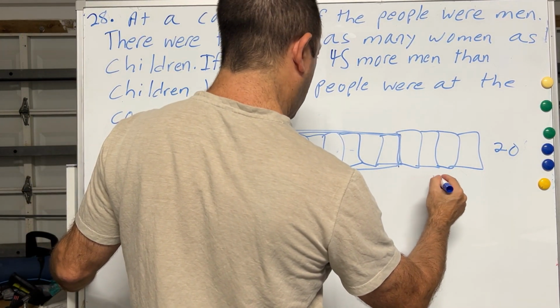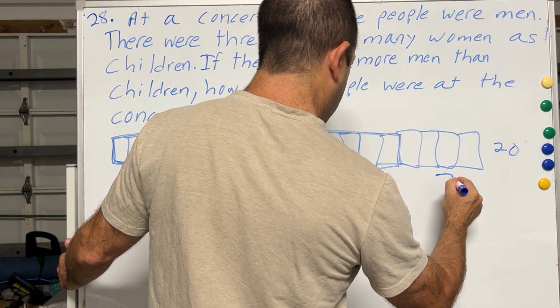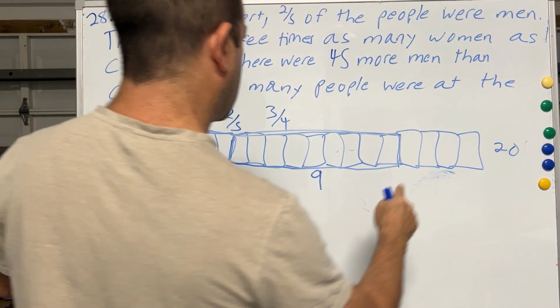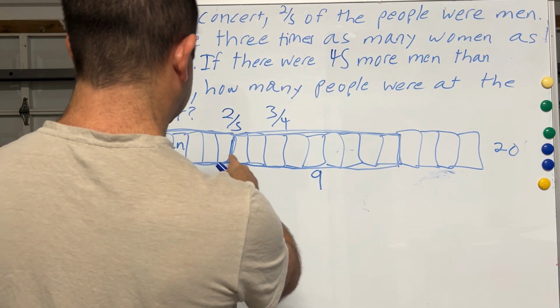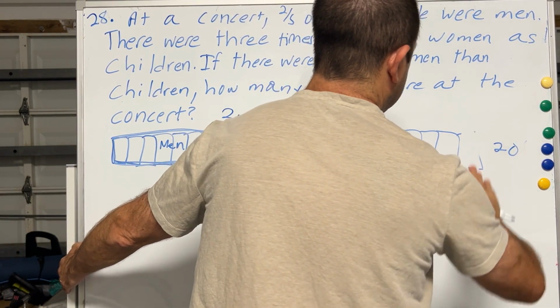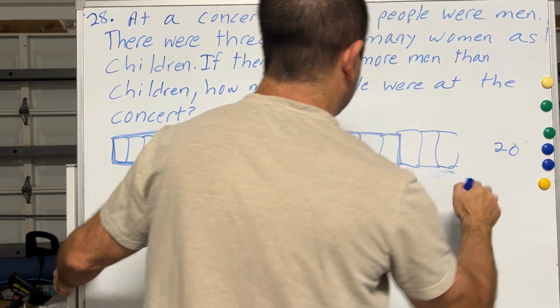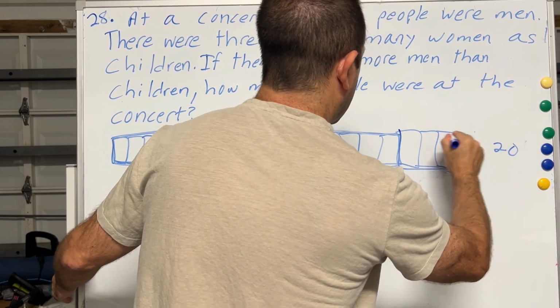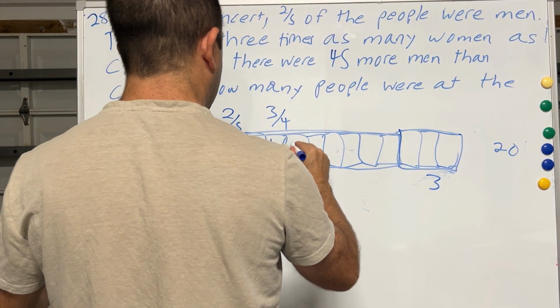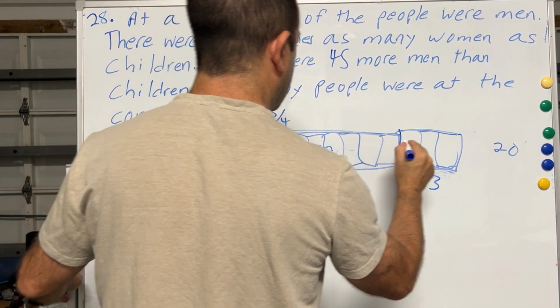And 1/4, did I have an extra box? I have an extra box. No big. And so men, women, children.